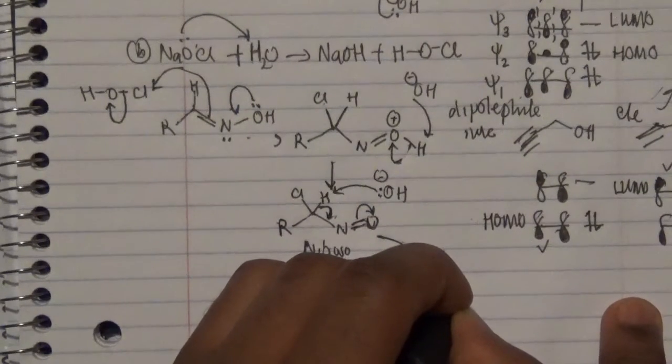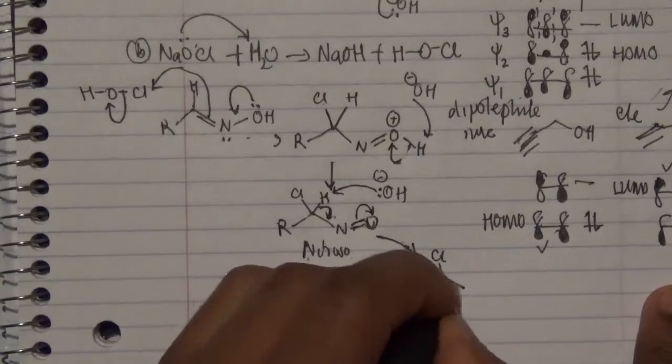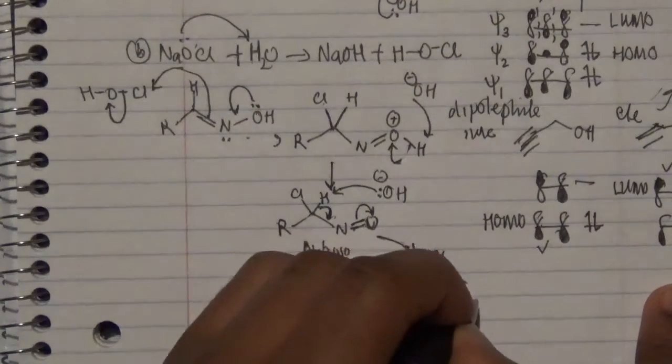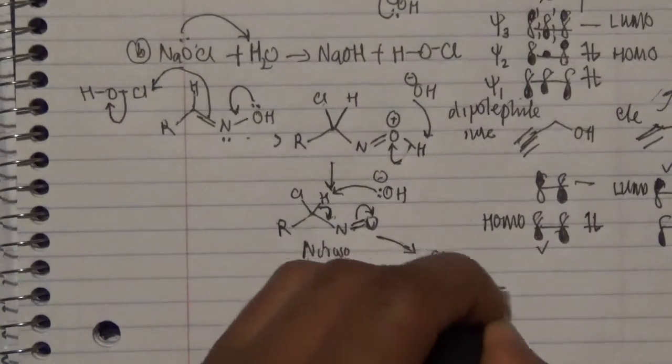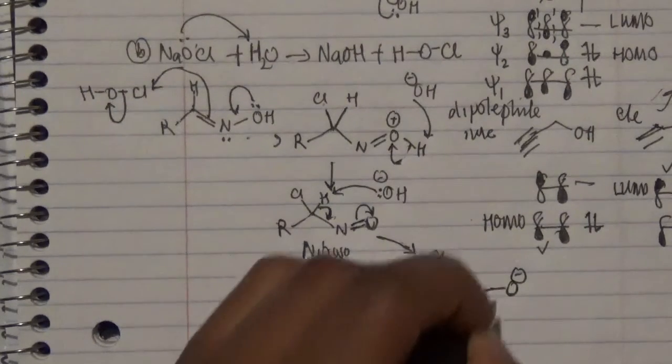And this product over here is quite fascinating because it's quite related to a particular species that we're about to form, and that species is actually called a nitrile oxide. So this oxygen has a negative charge.